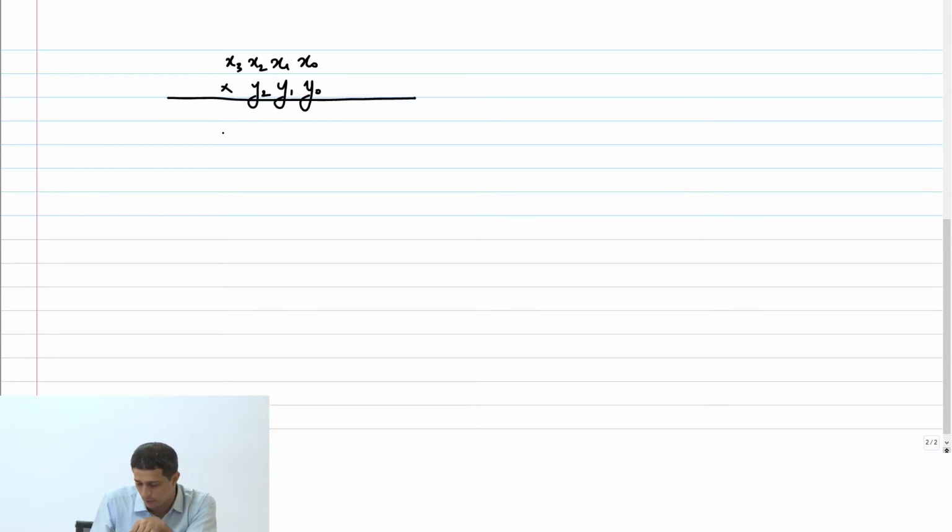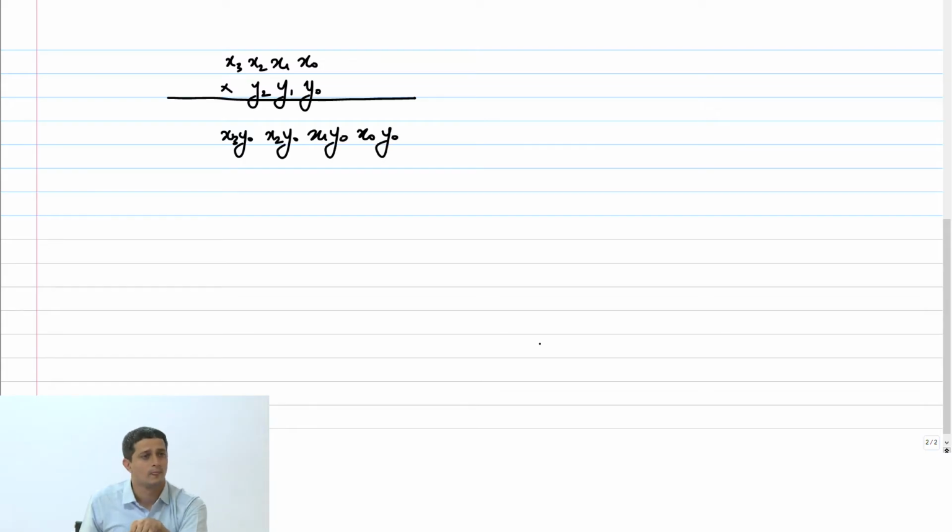The first term will be x3 y0, x2 y0, x1 y0 and x0 y0. What's the second term? It's basically just a shifted thing. You have to shift this term by one bit and add. It's a shifting and adding process that we have to do here. So this is exactly like how we do normal multiplication, right?